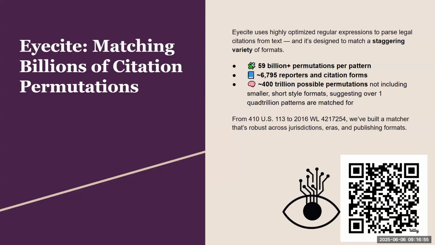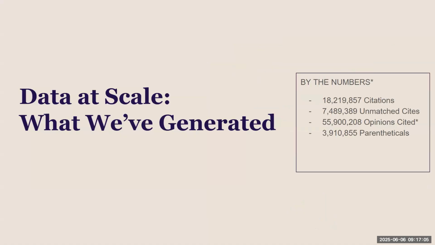So for instance, we have about 18 million known citations across our 10 million opinions. But actually, over the last week, we pulled out an extra 3 million unmatched citations. So citations that we were able to find within our system, but we don't know where they go yet.